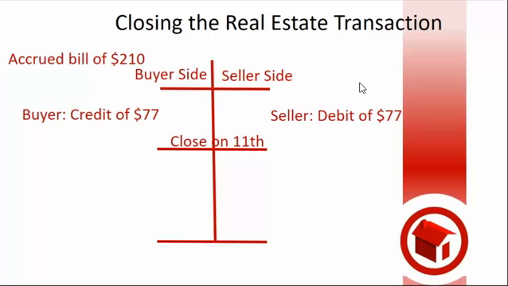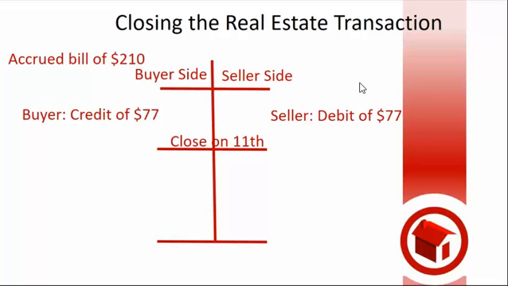Now, in this particular example, the accrued bill, these tend to stink for buyers. Because here's what happens. The credit comes in the form of not paying full price. So in this particular example, how much is the buyer paying for the house? $99,923.